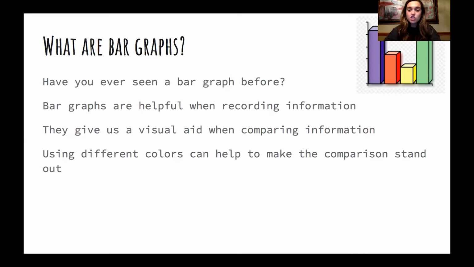In this situation, you see we have a purple, a red, a yellow, and a green. And you can also see that the purple is the highest, and then maybe the green is the second highest, and then the red, and then the yellow is the lowest.